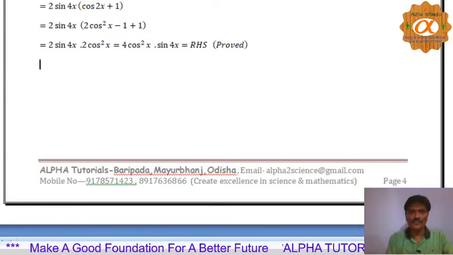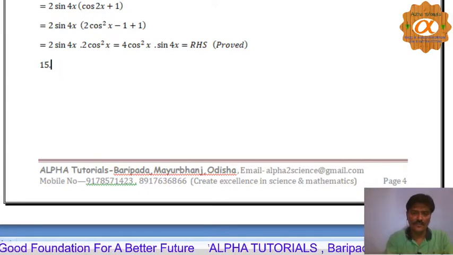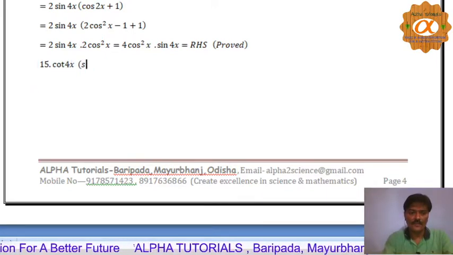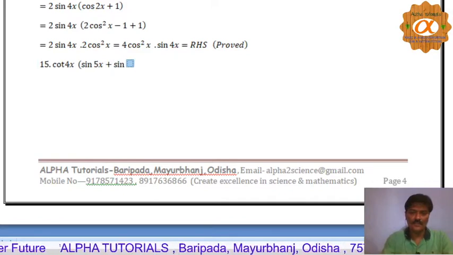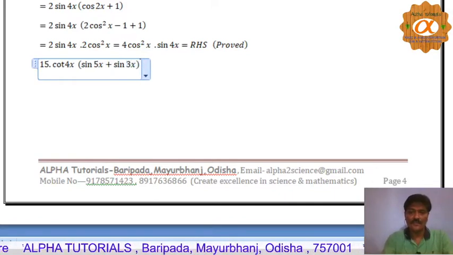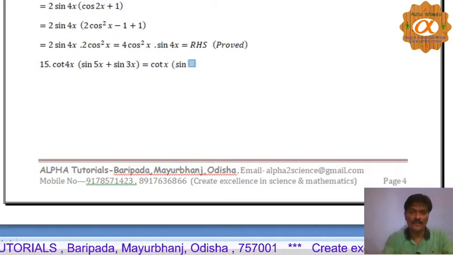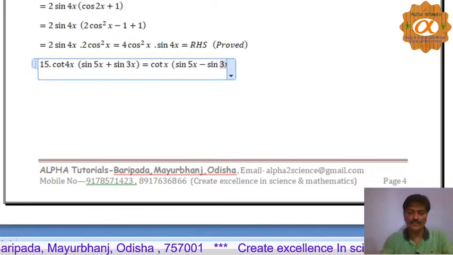Okay, next, question number 15. In question number 15 it is given as cot 4x multiplied by sin 5x plus sin 3x is equal to cot x multiplied by sin 5x minus sin 3x.